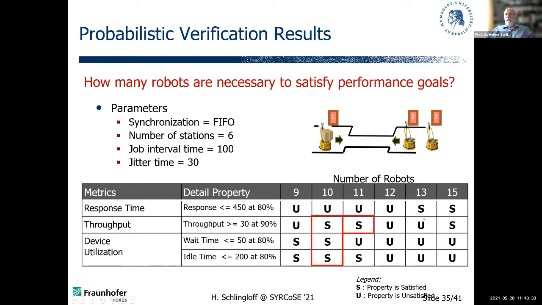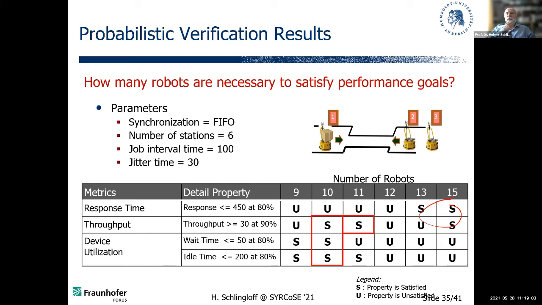But then there's also this case where more robots are more successful with a certain required response time. So you get, by the probabilistic verification, some surprising results which you could not get by just estimating or simulating, because it's of course a complete technique going through all possibilities.